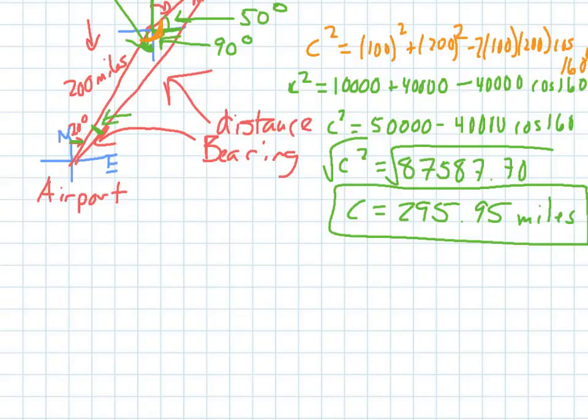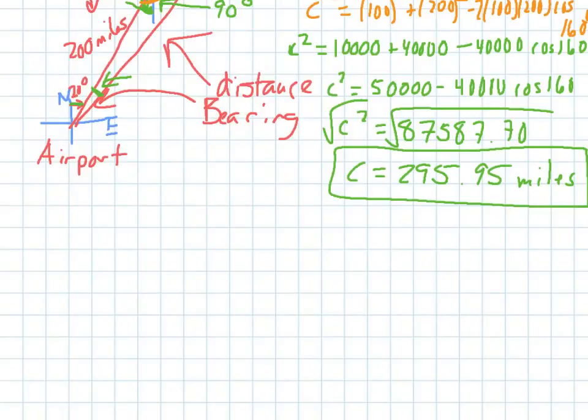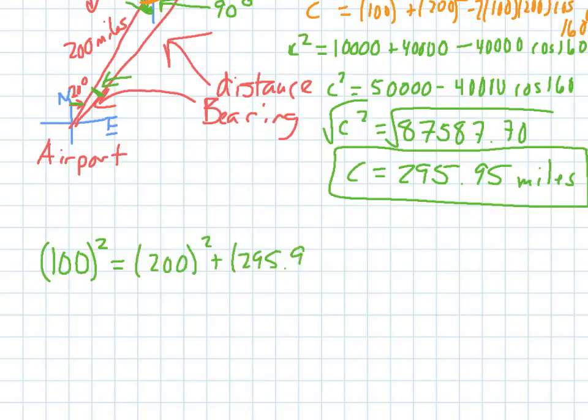Remember, that's opposite of actually the side that's 100. So let's try to find that angle. So 100 squared equals 200 squared plus 295.95 squared minus 2 times 200 times 295.95 cosine of, let's call it angle B, it doesn't matter.